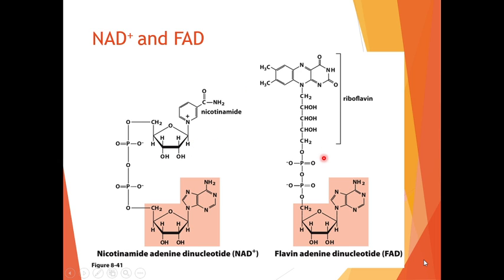Similarly, FAD, or flavin adenine dinucleotide, is an active form of vitamin B2 or riboflavin, and it is involved in electron transfer, and this is the business end of this cofactor.